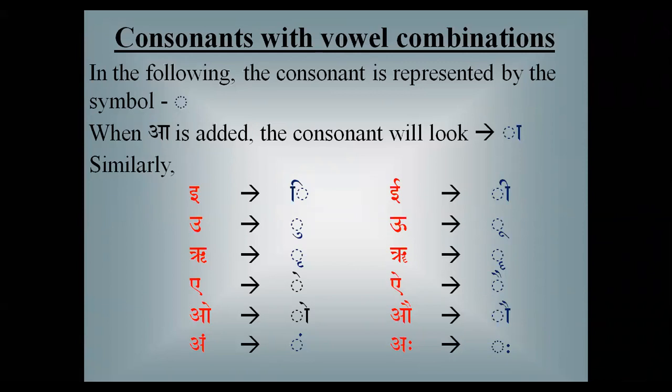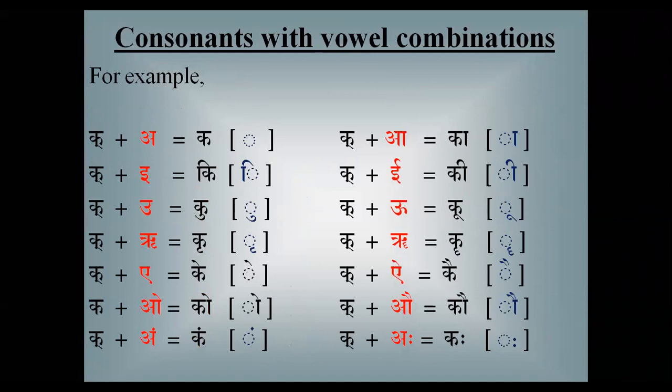So if I tell you with an example, you will understand what it is. Now let us take the first consonant, which is the first letter of the first class, Kavarga. You can see the consonant with vowel combinations. I'm taking the first letter of the first class, to which I'm adding all the vowels one by one.